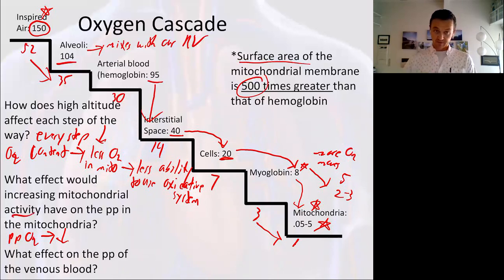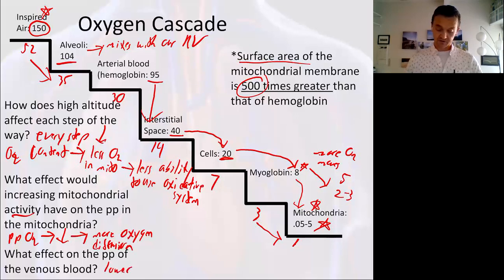That's going to decrease partial pressure of oxygen, and it's going to result in more oxygen diffusion, okay? And so what does that actually mean? For the amount of oxygen that comes back, if we're going back to our AVO2 difference idea, right? What effect does this have on the partial pressure of the venous blood? It's going to be lower, right?